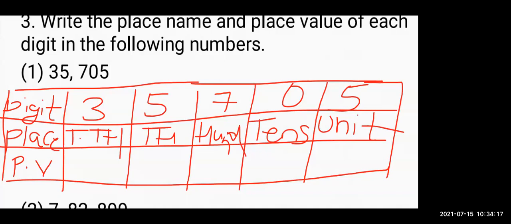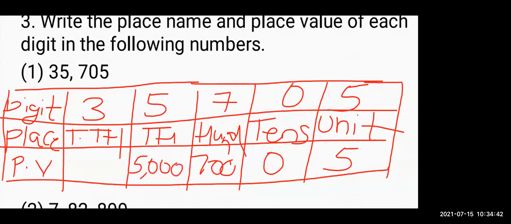The 5 unit means 5 ones are 5. 0 multiplied by 10, 0 tens are 0. 7 multiplied by 100 will become 700. Now 5 multiplied by 1,000 will become 5,000.